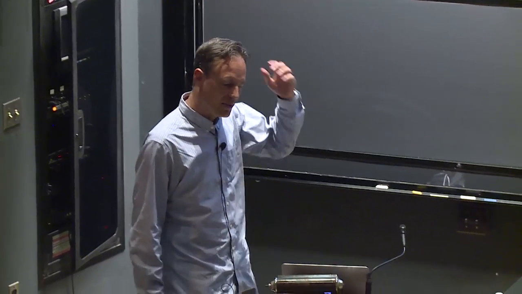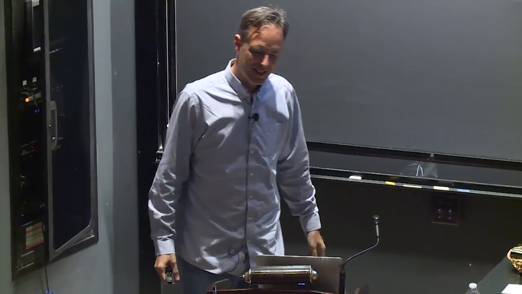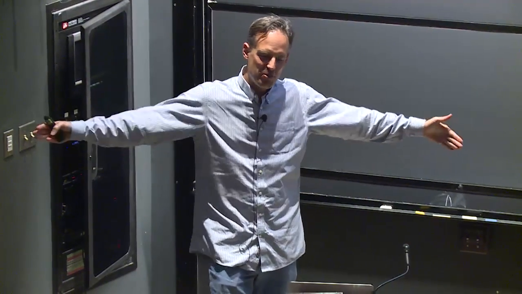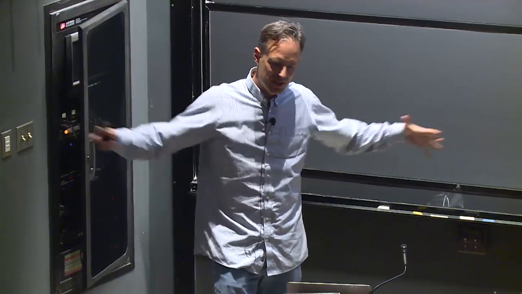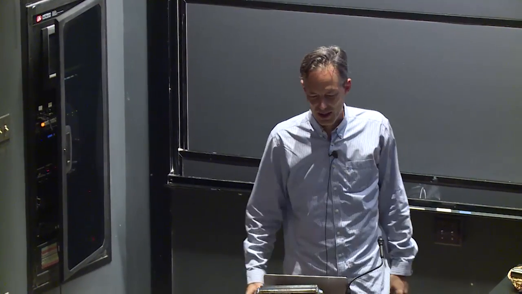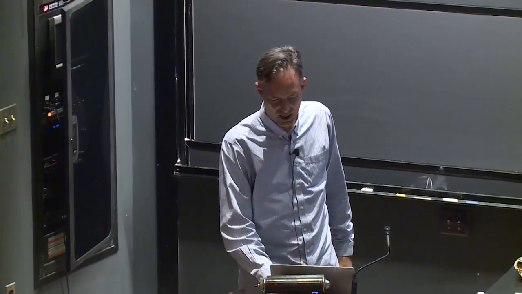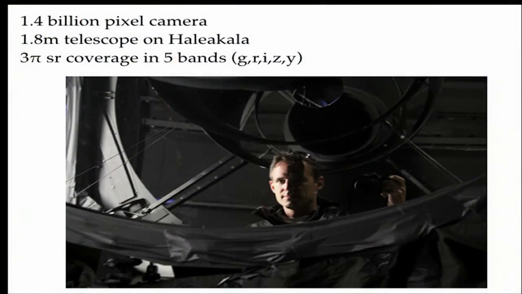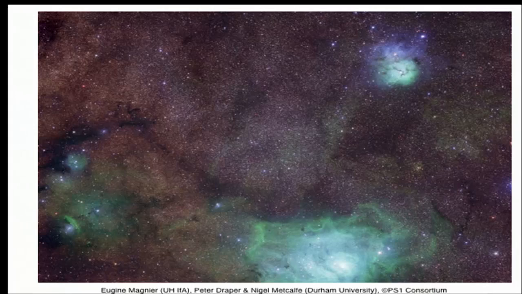So 1.4 billion pixels. It's an interesting trade study. Is it worth making the telescope bigger and the camera smaller, or the camera bigger and the telescope smaller, or how do you spend your money? And this turns out to be fairly optimum to use a small telescope and a gigantic camera. That's me actually looking in the primary mirror taking my pictures. So you see the whole thing isn't really very big.